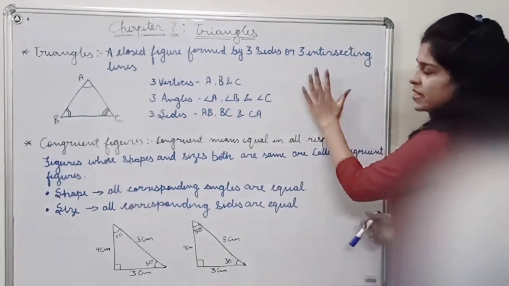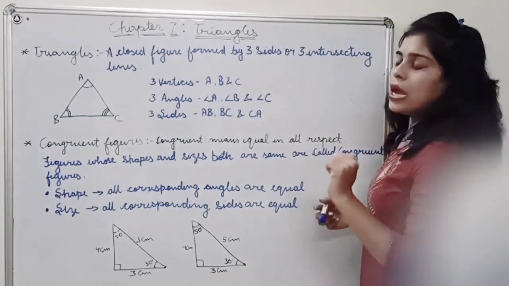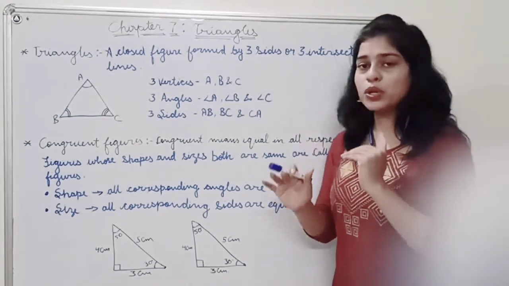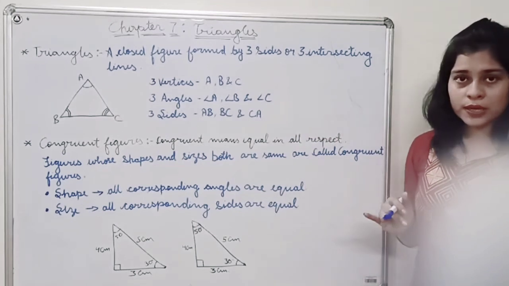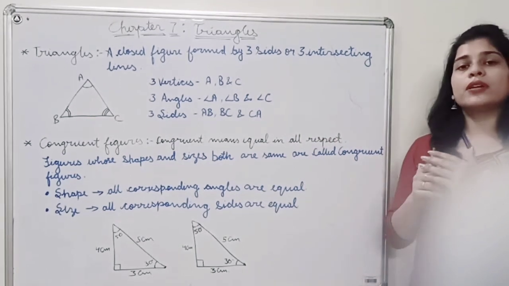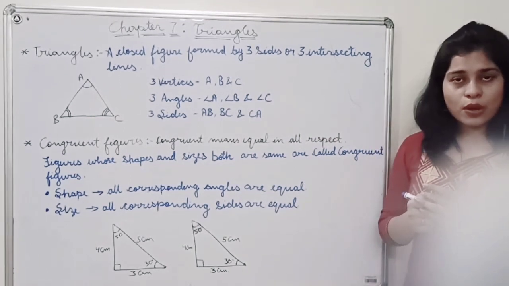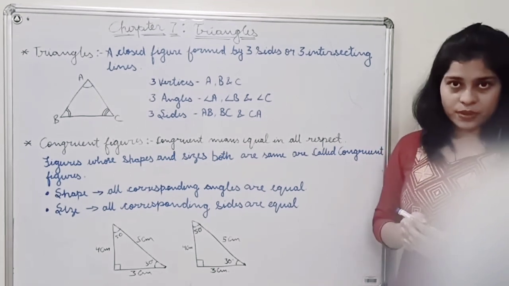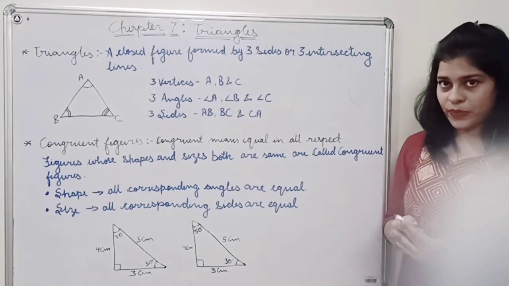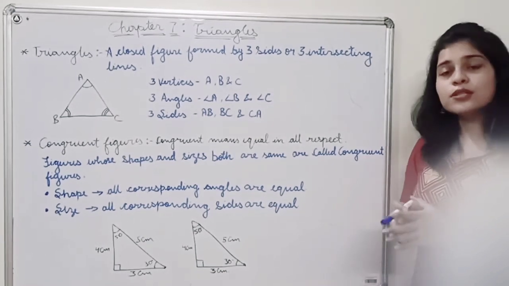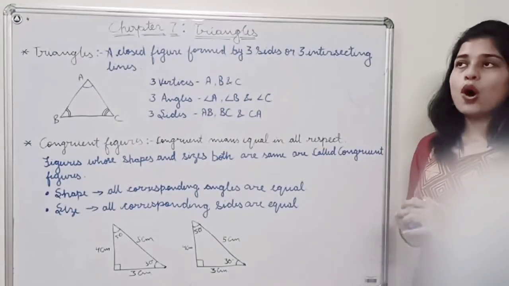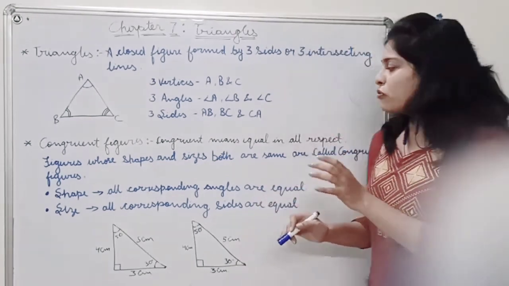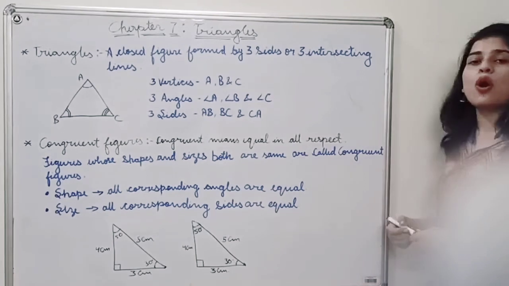So this was the very basic thing about triangles. Now let us understand what are congruent figures. Congruent figures are two or more figures which have the same size, or the same area, and the same shape: equal size, equal shape. By the word congruent, you can understand equal in all respects.